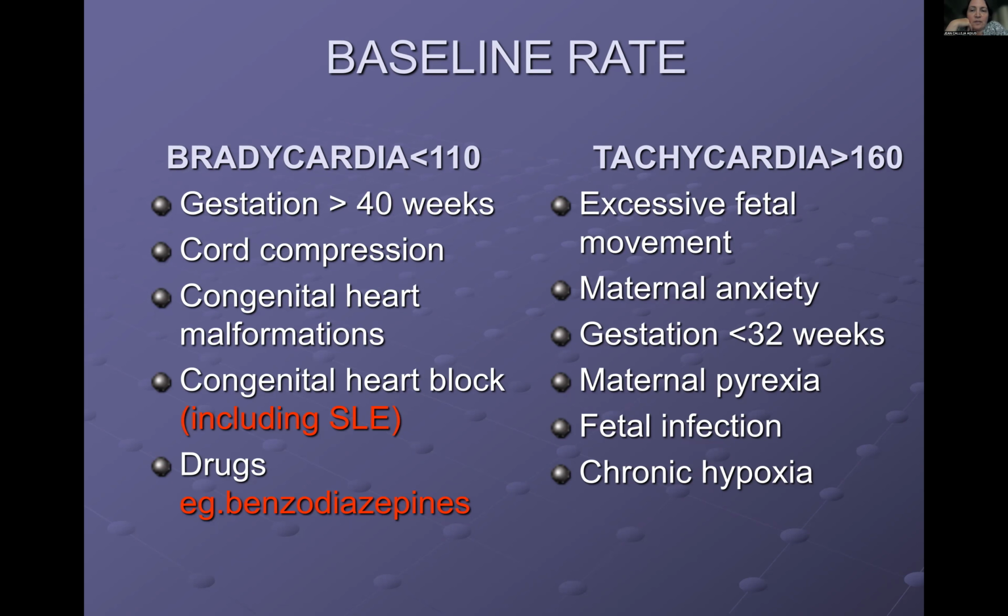Also, if there is preterm, well, under 32 weeks, the fetus tends to have an increased heart rate. And of course, if there is fetal infection or chorioamnionitis or chronic hypoxia, the last two being very serious, ominous conditions, that can also present with tachycardia.